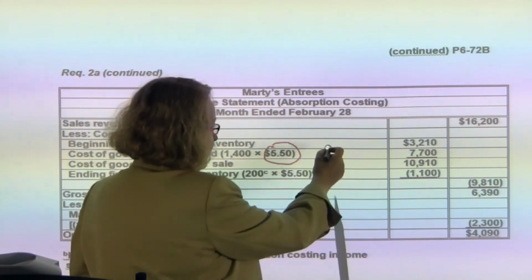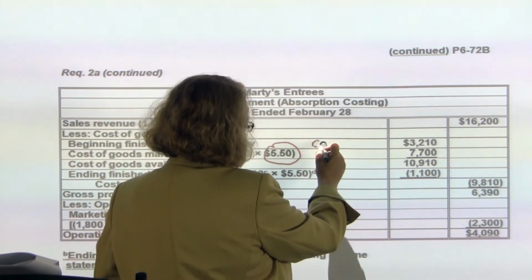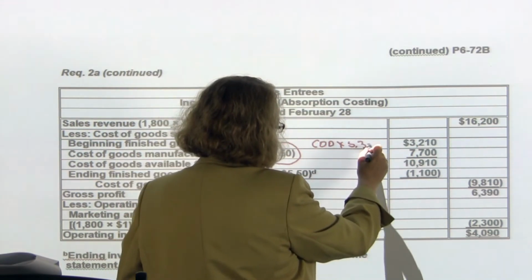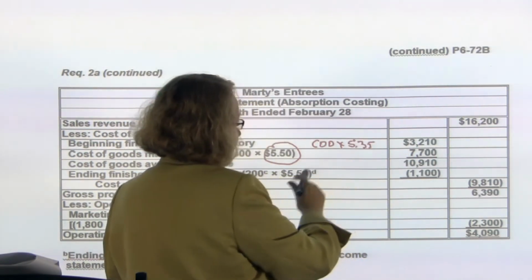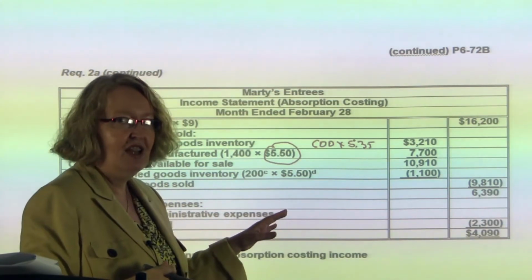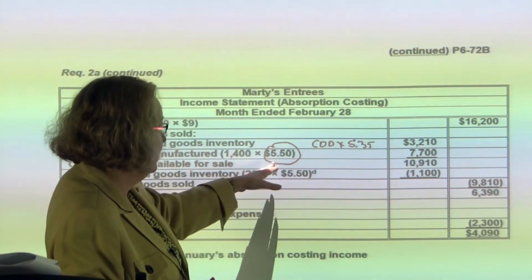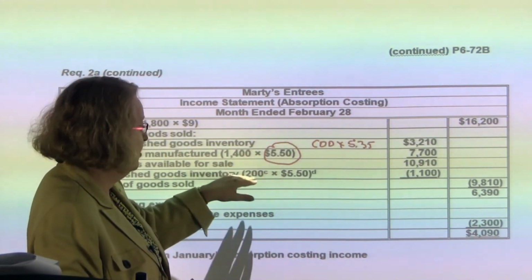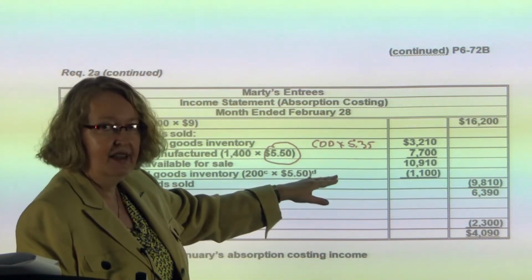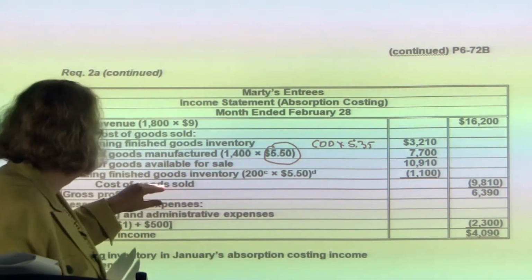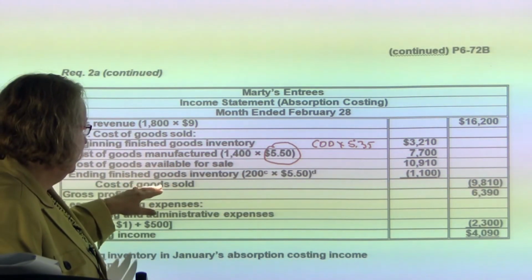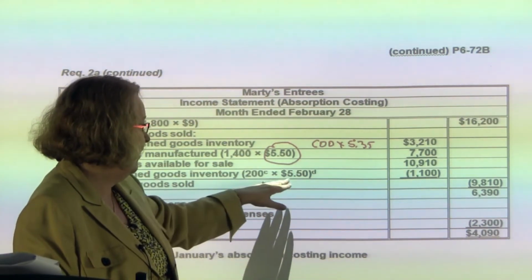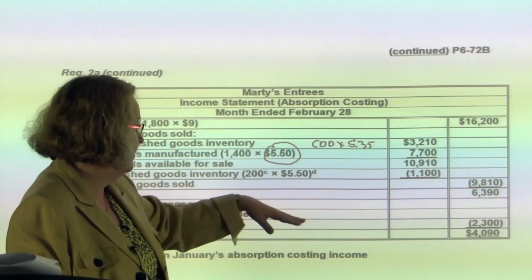So the beginning inventory is calculated as the 600 times your $5.35, because that's what the price was in January, but now in February the price is $5.50, $7,700. So total available for sale $10,910, and your ending inventory is 200 units. We just calculated that, $5.50 a unit, $1,100.